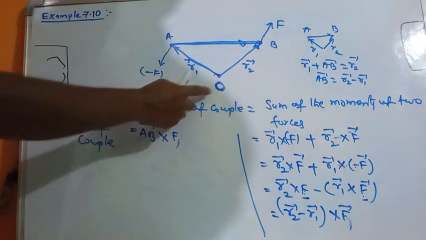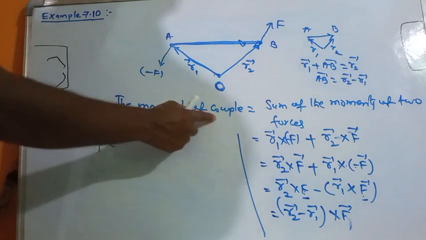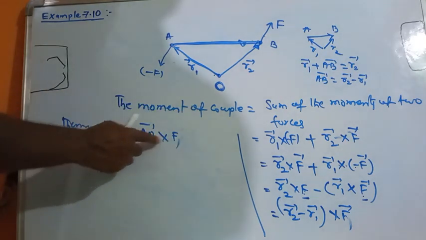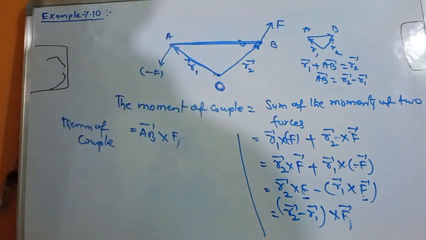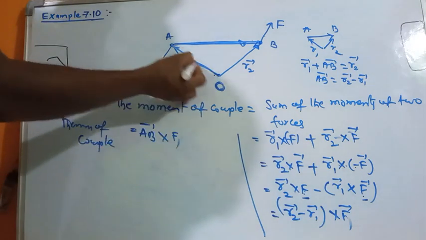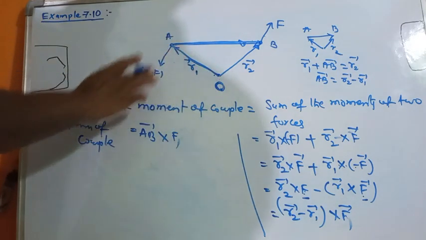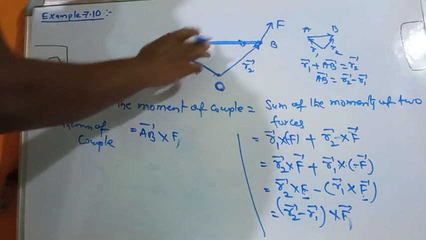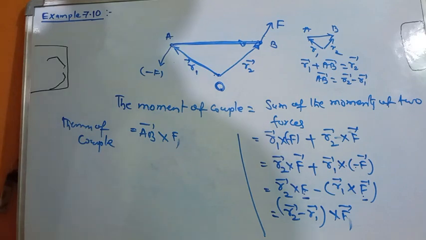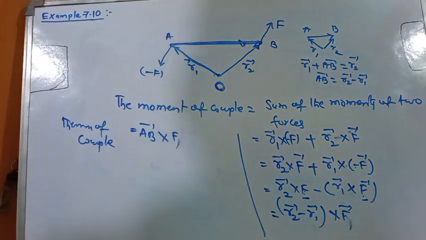In the formula we don't have an origin, so that's why this moment of couple is not depending on the origin from where we have taken the moments. It is only depending on the distance where the forces are acting and between those forces. Okay, so this is 7.10.